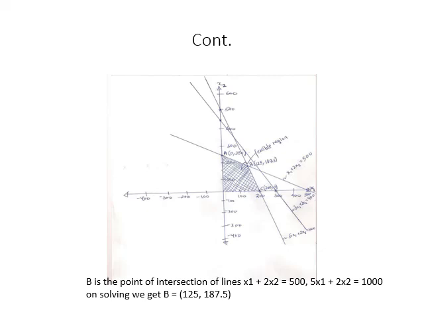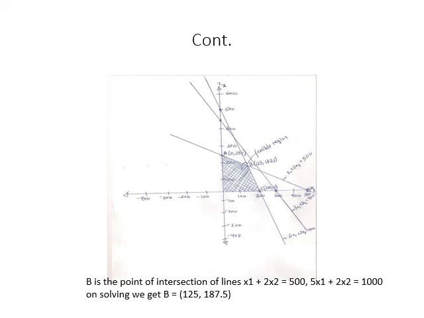So now, as we mentioned before, in the problem of maximization, usually we deal with the points of intersection closer to the origin, the closer one.